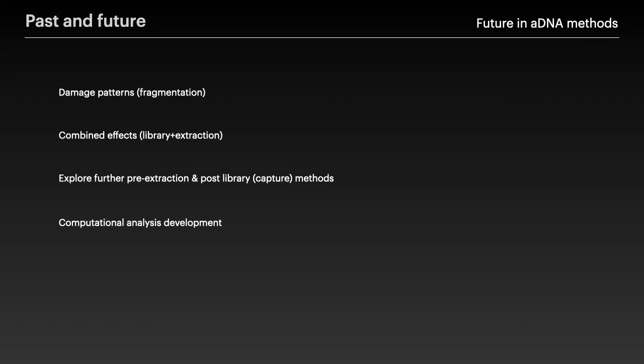This is a very hot topic in increasing the endogenous content of ancient DNA. And lastly, I think that the new computational analysis will bring further development in the field. Maybe meaningful ways of utilizing information from sorted reads that we can retrieve with our library and extraction methods, or more accurate mapping algorithms and such.